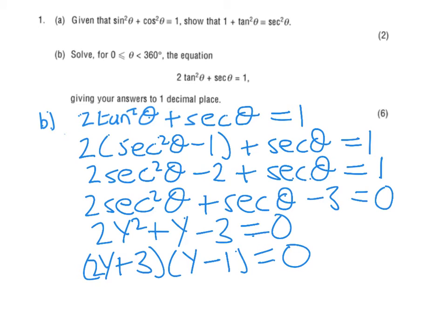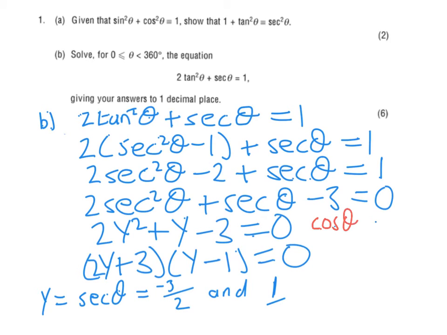So I'm going to have solutions y, which is of course sec theta, equals negative 3/2 and 1. So with our reciprocal function in mind, that's saying, okay, so cos theta must equal negative 2/3. Just take the reciprocal. The reciprocal of 1 is still 1.